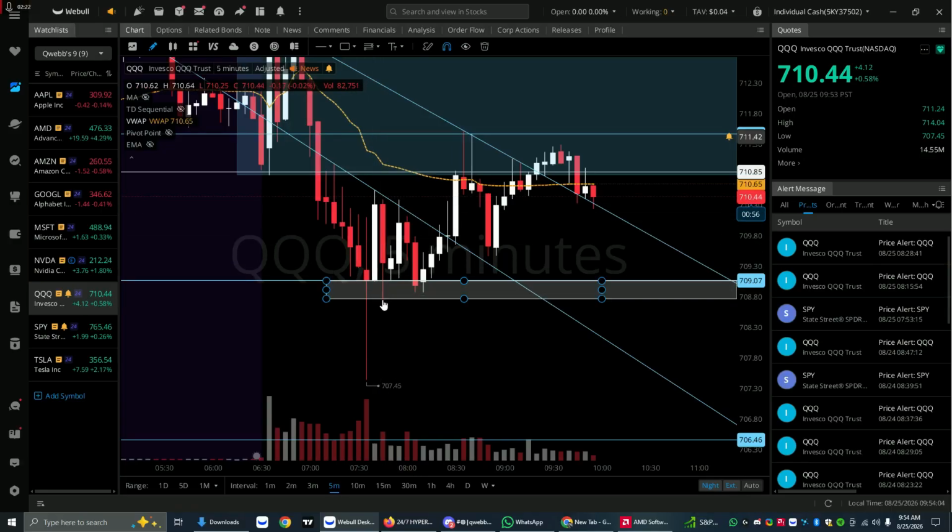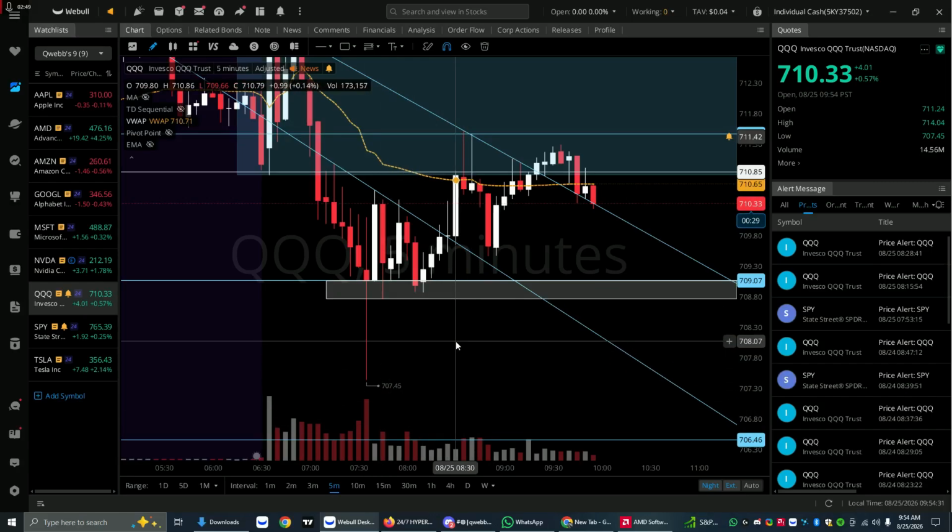The wick came down here, buyers stepped in and pushed it back up. So the sellers could not get it to go below here. This is where buyers are active. If we come back down here again and we break underneath, then we have broken the bottom of where the buyers are active, and that's another sign of weakness down.